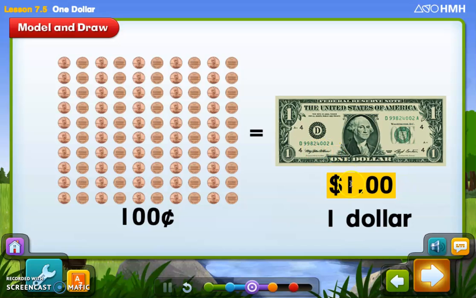So the dollars come first on the left side of the decimal point, and the cents, or all the coins that you have, go on the right side of the decimal point. Again, we'll learn about that a little bit later in future lessons, but just remember that 100 cents equals $1. It's the same value.